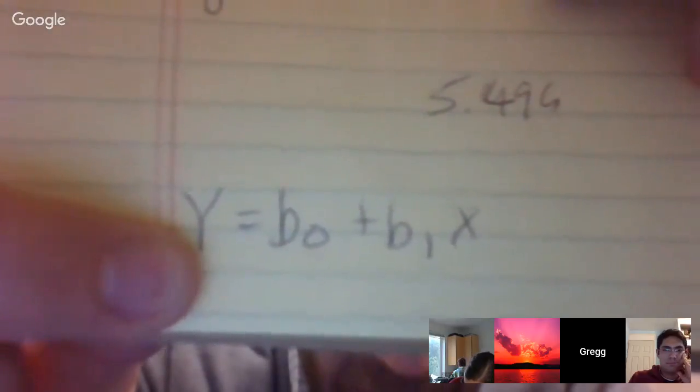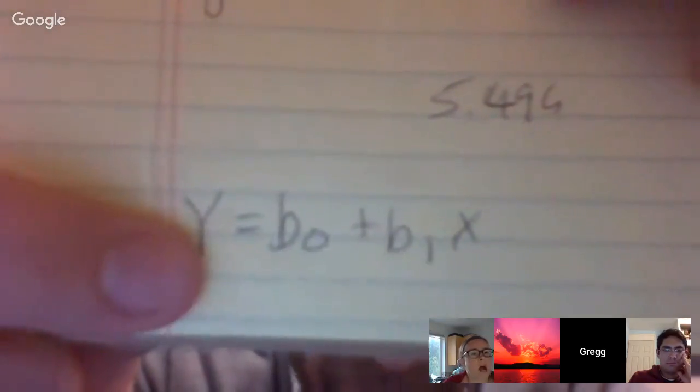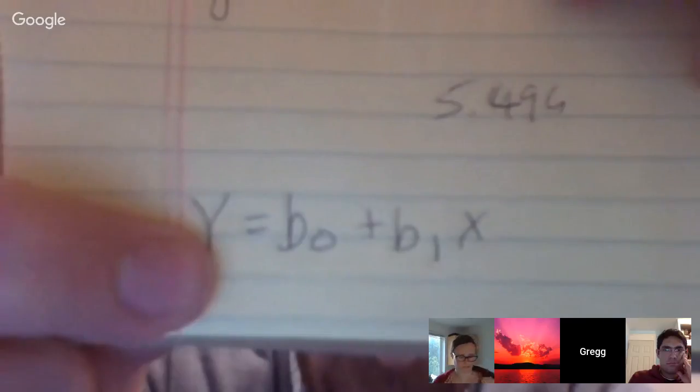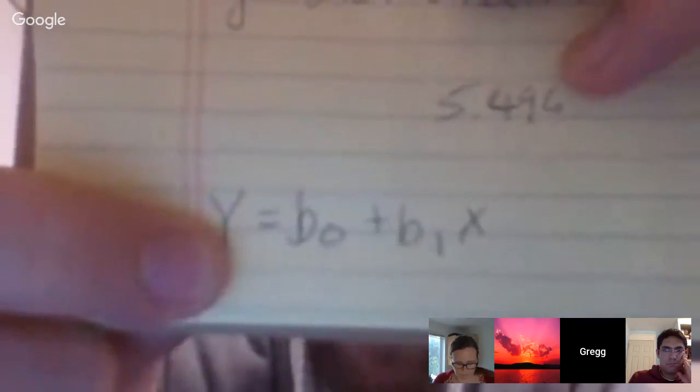Yes, b0 is the y-intercept, and b1 is the slope. And x is whatever number you put in there. So it's giving us 4 as x. This is almost the thing we did in the previous question. So you're just basically solving the equation.